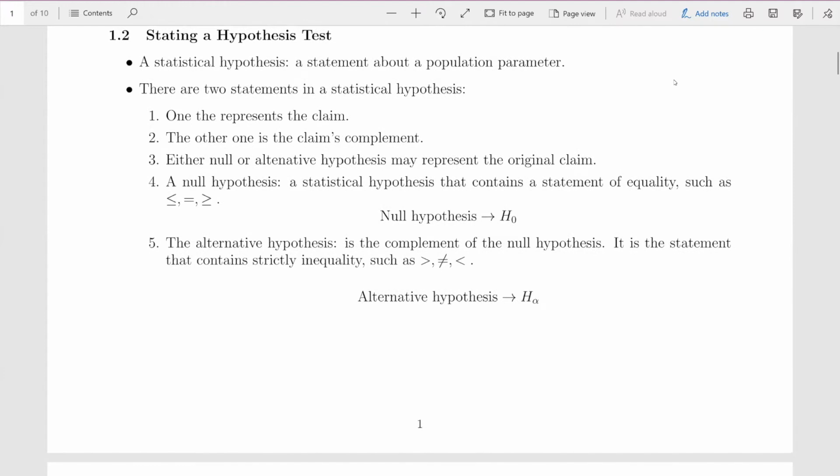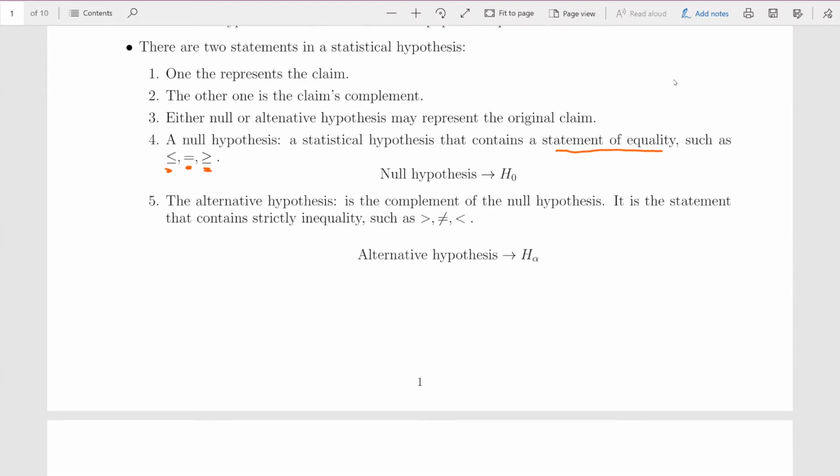In hypothesis statements, the null hypothesis always contains a statement of equality, such as less than or equal to, or greater than or equal to. Again, the null hypothesis statement always contains a statement of equality.